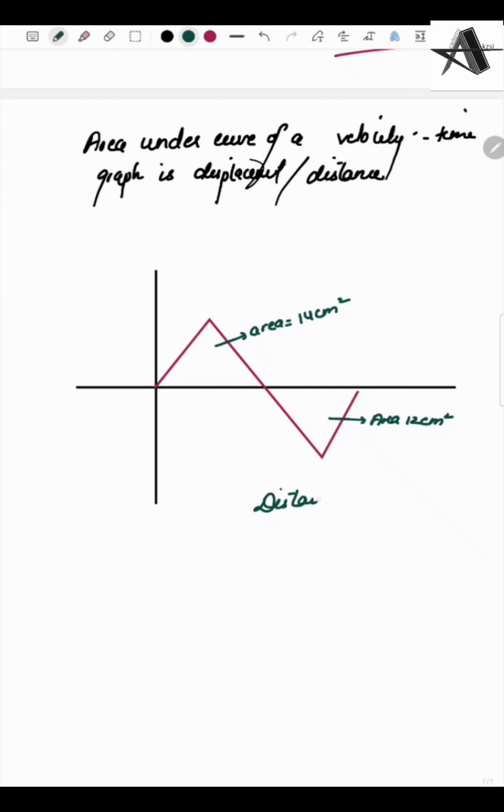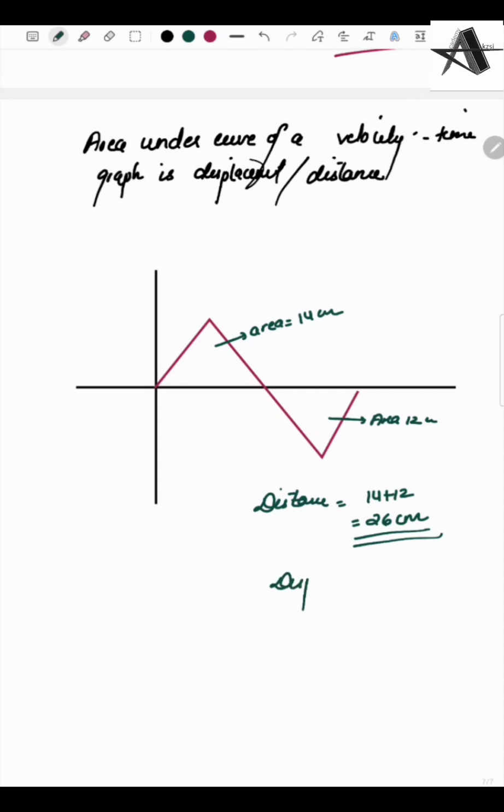That means I can say distance is equal to 14 plus 12, 26 centimeters. This is 14 and this is 12 centimeters. So this will be 26 centimeters.